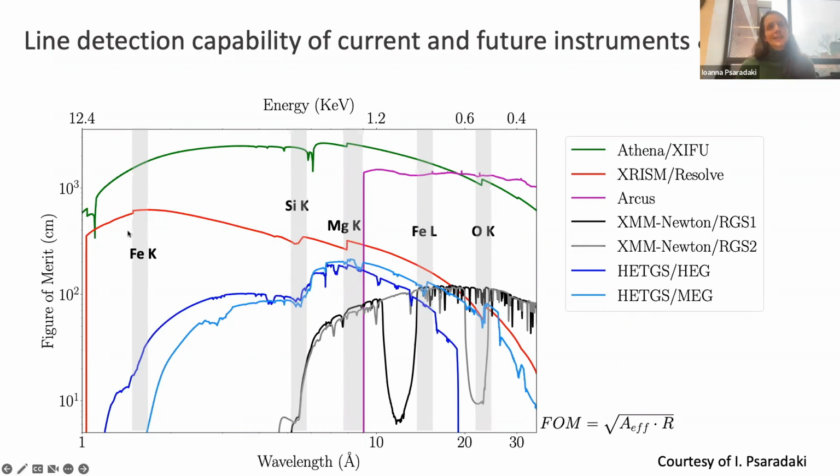And we see that XRISM will advance our knowledge and have much better sensitivity, especially around the silicon K edge. There is the concept mission Arcus that will be great at the oxygen K edge. I'm going to show an example in a while, but Athena will advance our knowledge even further. It will be a super instrument, and you can see how much higher line detection capability we are going to have.